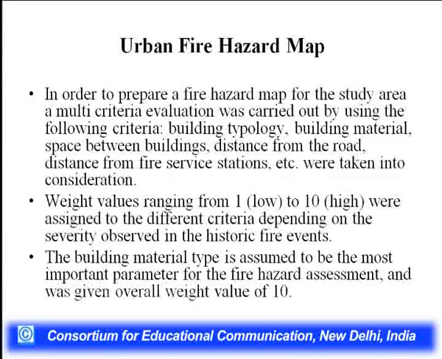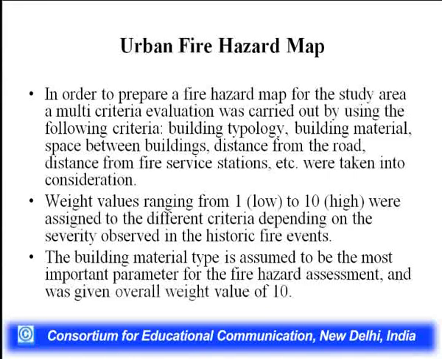Fire, they have taken another important, this fire hazard map, and for that they have given weight values from 1 to 10. As I already discussed, the building type, the distance between the two buildings, and the distance from the road matter, because of how fire vehicles can come. Now you see we have such a gully in the Chandni Chowk area where fire vehicles can't enter.